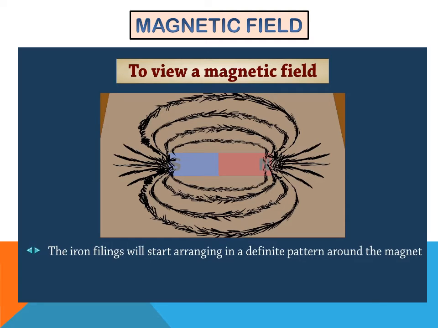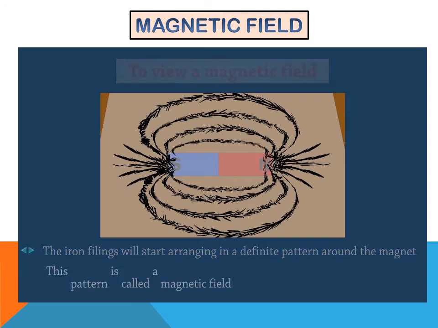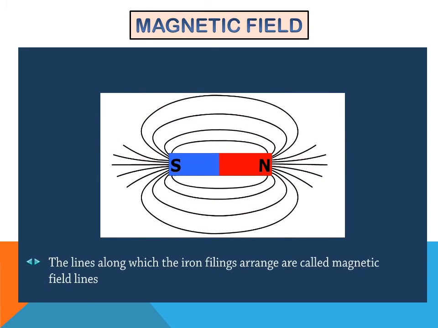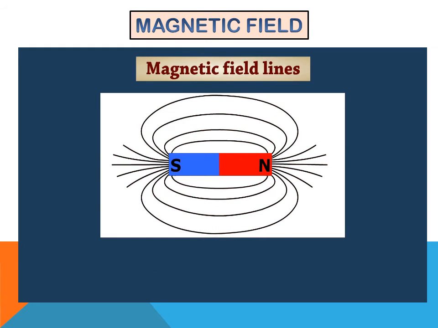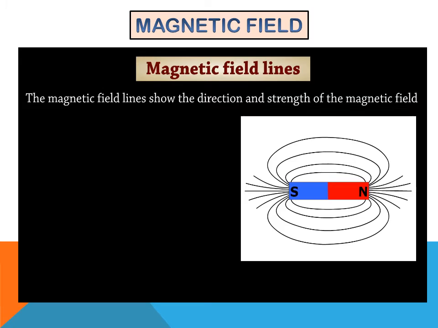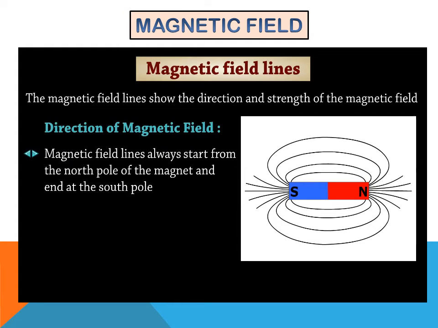The iron filings will start arranging in a definite pattern around the magnet. This pattern is called a magnetic field. The lines along which the iron filings arrange are called magnetic field lines. The magnetic field lines show the direction and strength of the magnetic field. Magnetic field lines always start from the north pole of the magnet and end at the south pole.